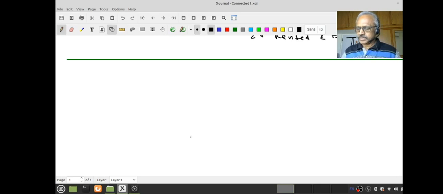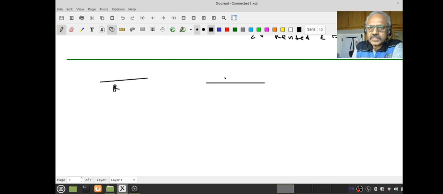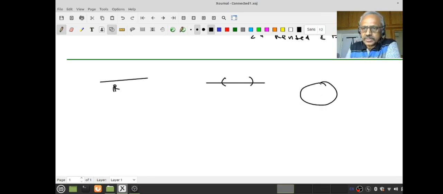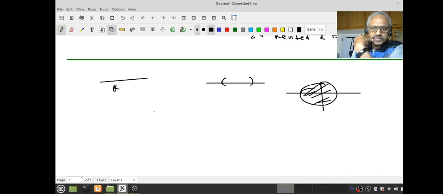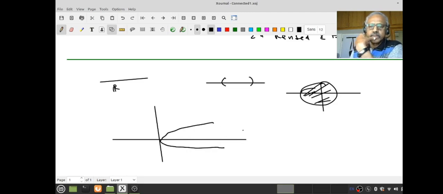So let us start with some examples. Suppose I have R and some interval, open, closed, whatever, or let's say an open disk in R2, or a parabola, or a circle.